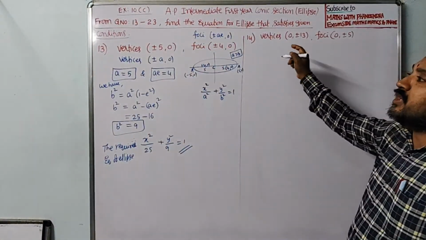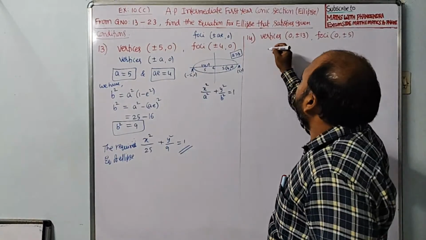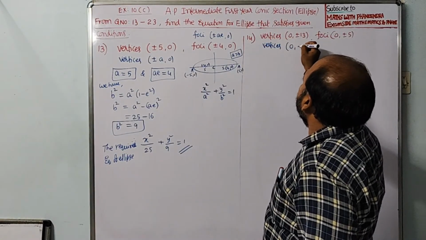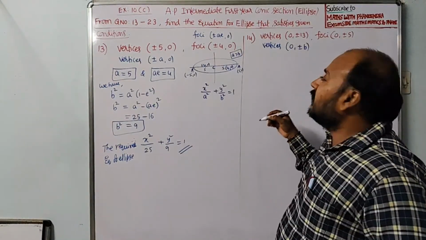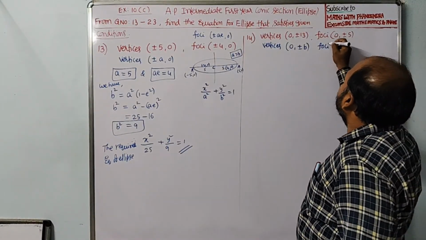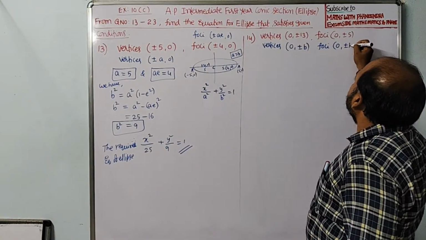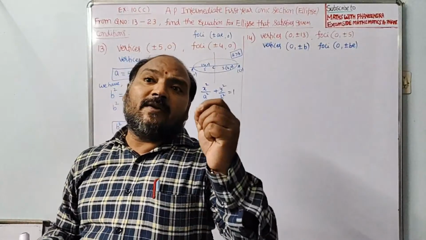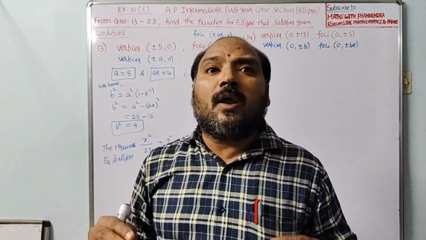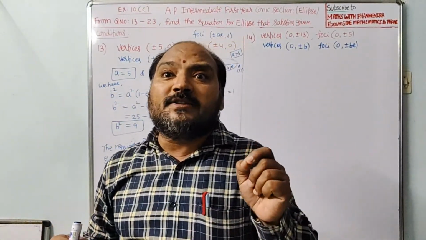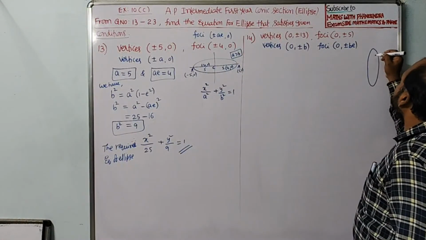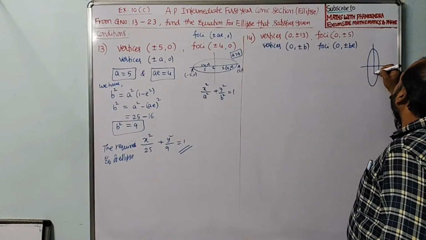Next, question number 14. If you observe the data, vertices 0 comma plus or minus b, foci 0 comma plus or minus be. Whenever vertices and foci have x coordinate 0, the equation of ellipse is in the vertical form.